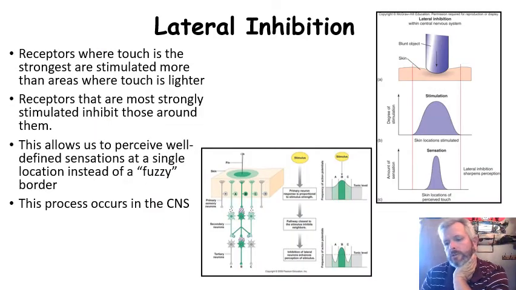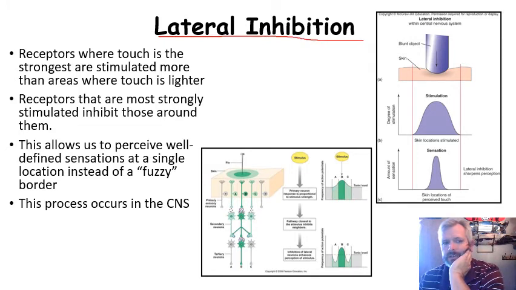So for tactile discrimination, having lots of receptors gives you better tactile discrimination. Your body can also help fine-tune location by using what's called lateral inhibition.